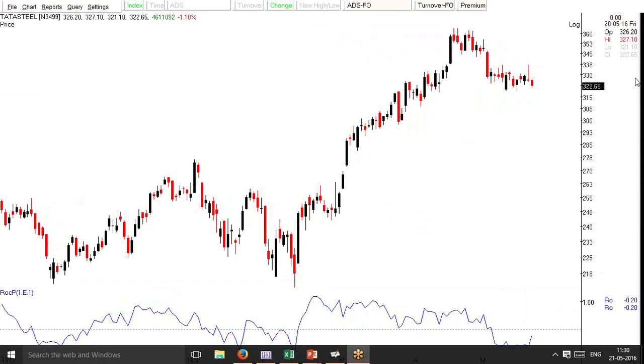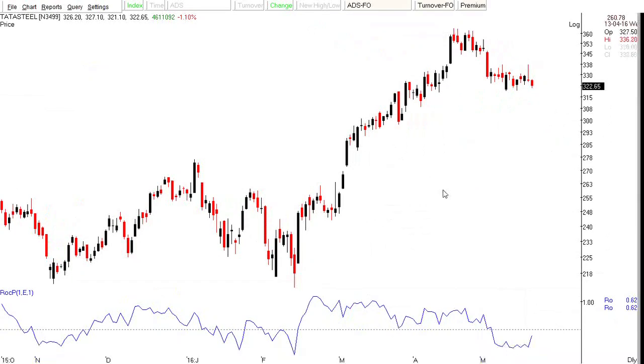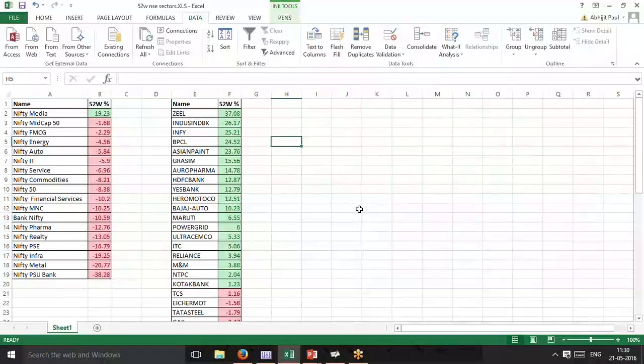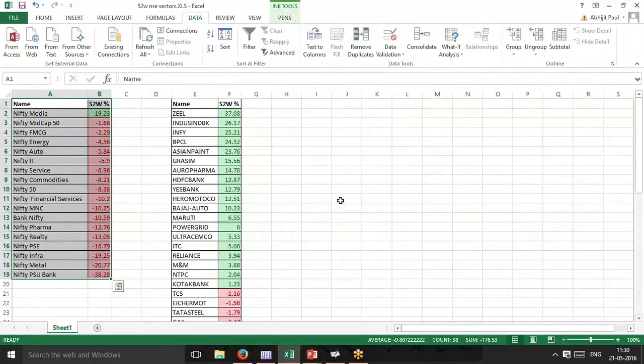Let's look into what has happened in the market over the last 52 weeks. So I had quickly got a small bit of data mined from the software where I wanted to know which sectors have given what kind of percentage returns in the last 52 weeks.